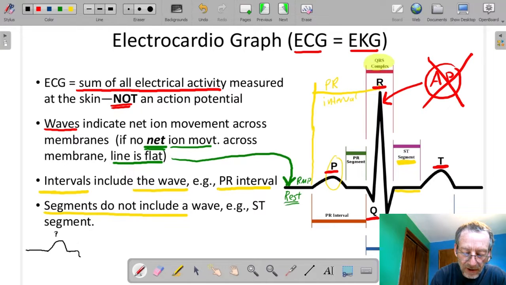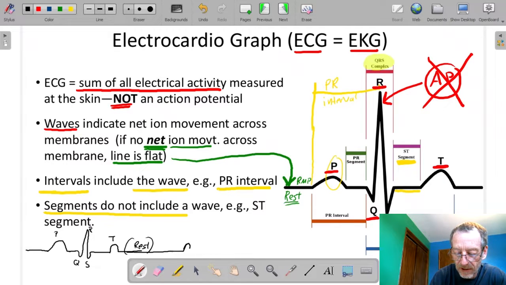And then we have a little dip in the Q, the R, the S, another flat period, and then a T wave. So this was Q, S, and R at the top. And then it's rest. This is diastole. And then you start another heartbeat, another cardiac cycle. P, Q, R, S, T.